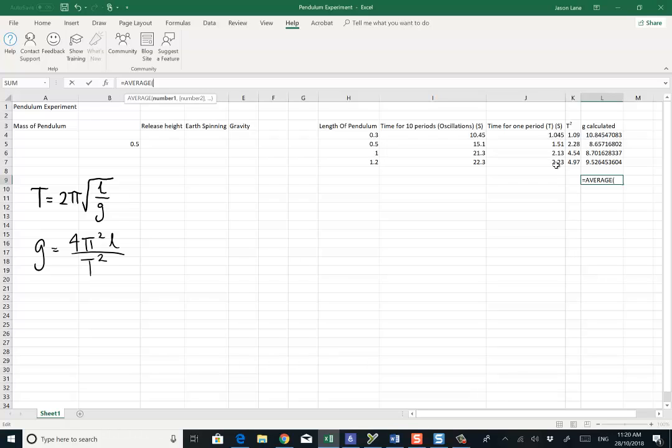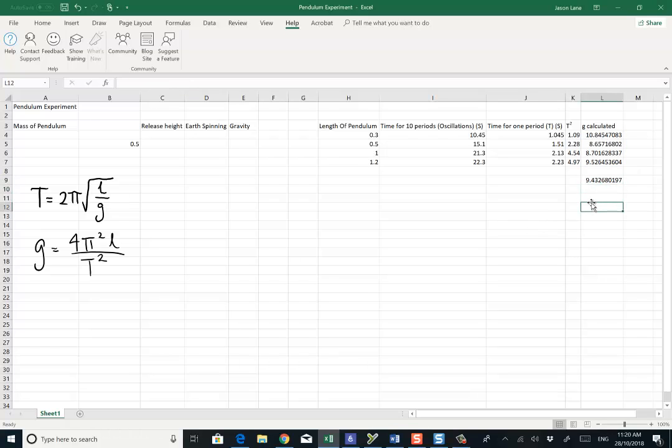So this one here is the mean that we've used. So our average of these 4 values, and close bracket, enter. And you can see there our value for gravity is 9.432.